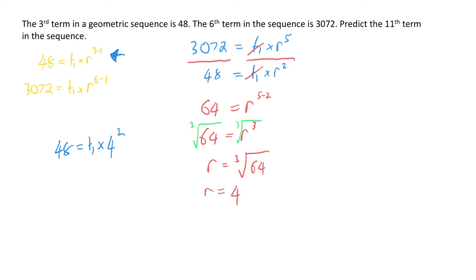That leaves me with one unknown variable, which I can go ahead and solve. So T1 is going to equal 48 divided by 4 to the power of 2, or 48 divided by 16, which is equal to 3. So my T1 value, my first number in the sequence, is equal to 3.